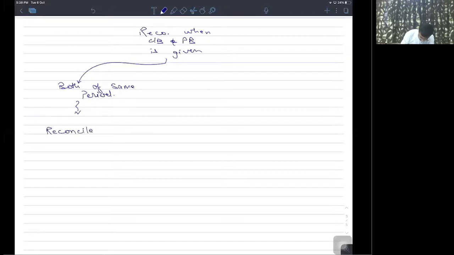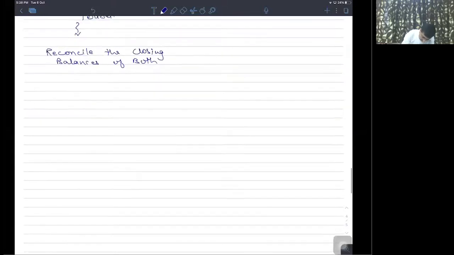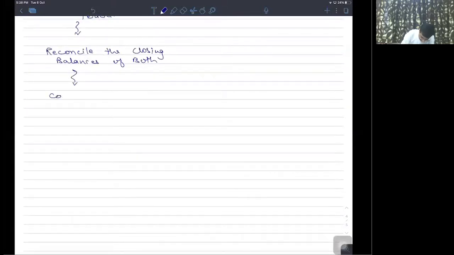Reconcile the closing balances of both. Compare debit of cash book with credit of passbook and vice versa. That is credit of cash book with debit of passbook.